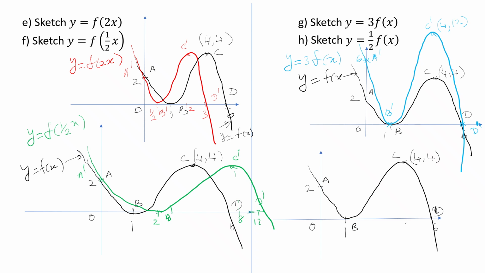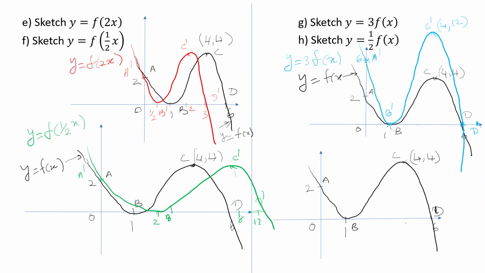Next one, y equals half of fx. So fx is not changed. So x coordinate is not changed. Y coordinate is going to be changed. So the graph is stretched by scale factor half vertically.